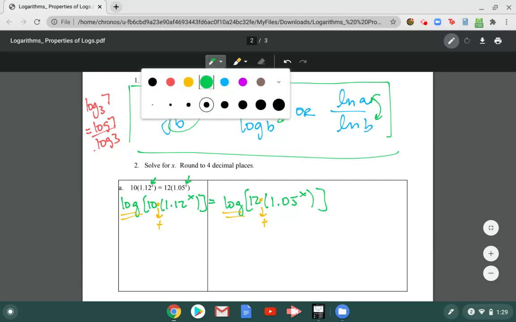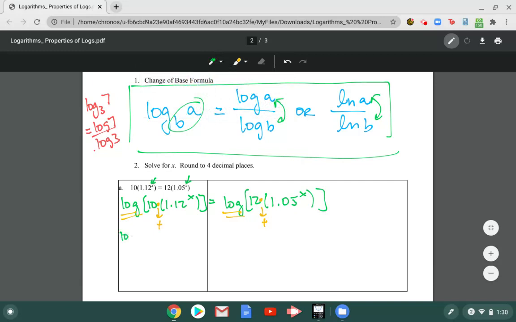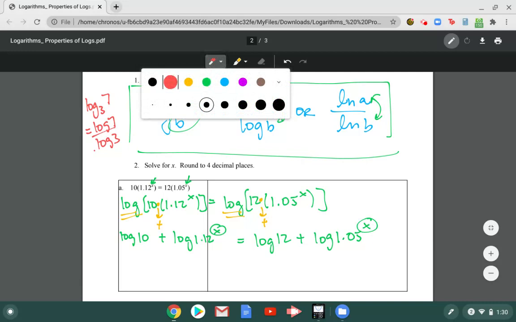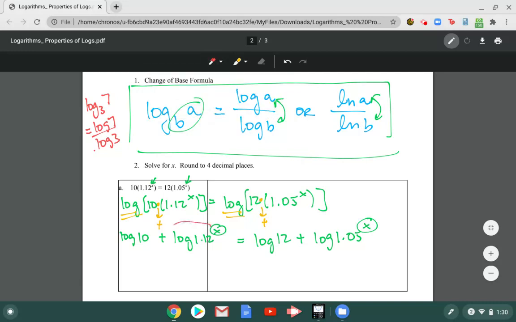So continuing with this, this becomes log 10 plus log 1.12 to the x. I'm going to be able to bring that x out in front. Equals, on the other side, same thing, log 12 plus log 1.05 to the x. Let's go ahead and bring those x's out in front. So they're going to go here and here.